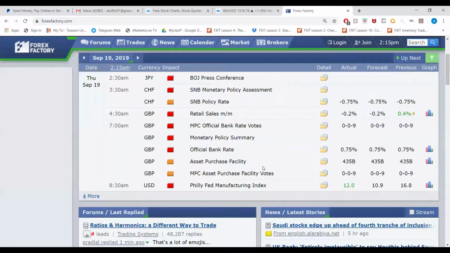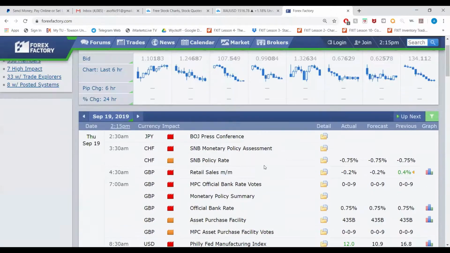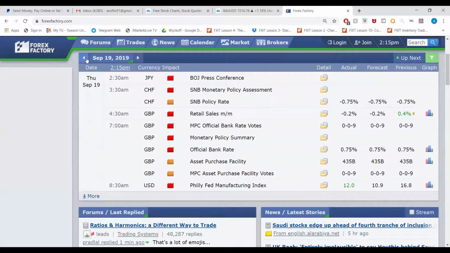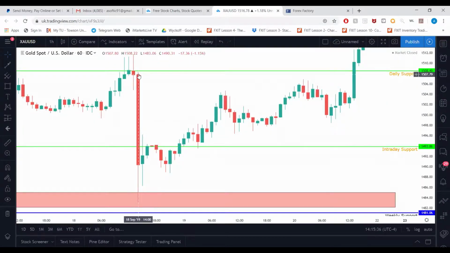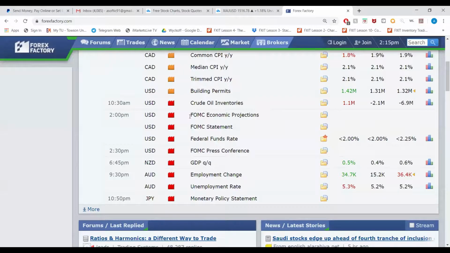So it's something to keep an eye on, because you don't want to get caught during the time where you see these red folders. And there we go. This was exactly the FOMC candle on September 18th at 2 p.m. And there it is. 1, 2, 3 red folders followed by the press conference, right?